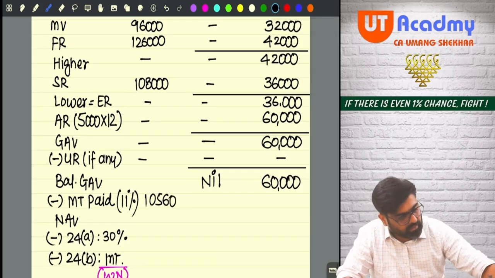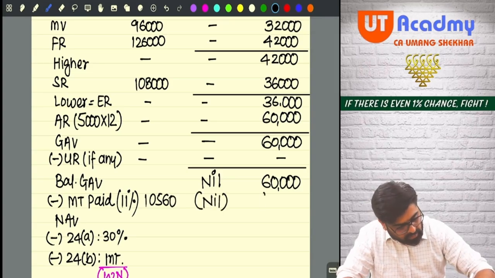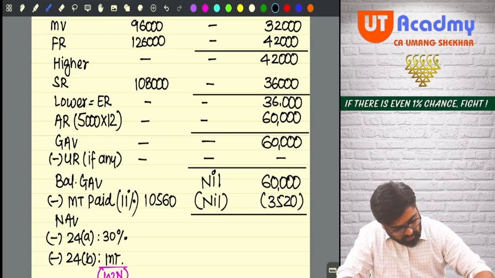10,560 divided by 3. Here 2/3 will not be allowed, but 1/3, 3,520, which relates to LOP portion, will be allowed as a deduction. Now NAV will be how much?